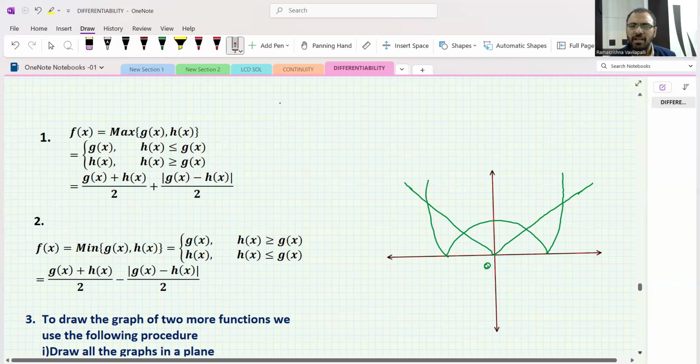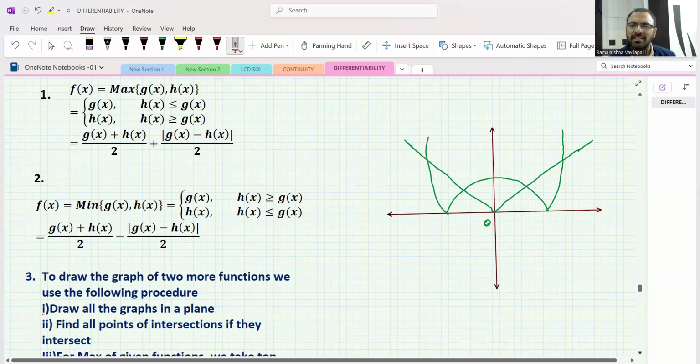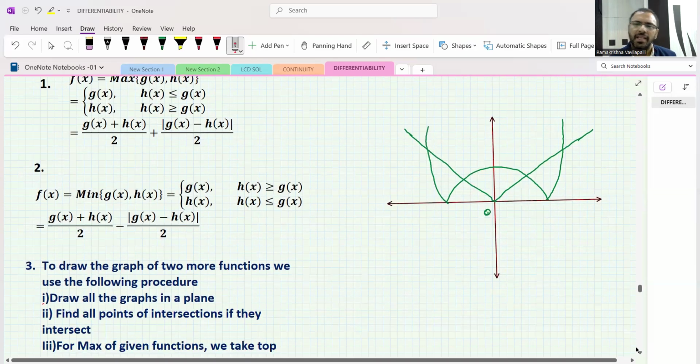Well, I'm going to explain how we find the maximum of two functions and what the procedure is. Not only two, even 3, 4 functions.